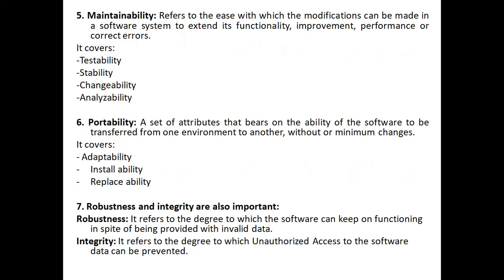Fifth one is maintainability. So I have already discussed that if any problem occurs in the system or software, it should be easily maintained or controlled by the organization or by the software itself. It refers to the ease with which modifications can be made in a software system to extend its functionality, improve performance, or correct errors. It covers testability, stability, changeability, and analyzability.